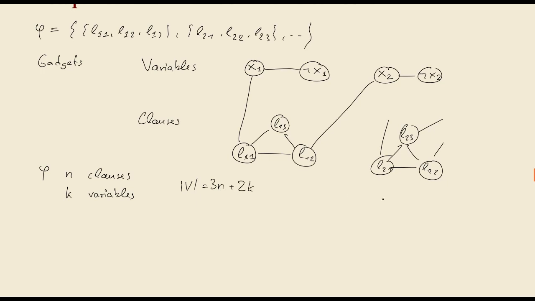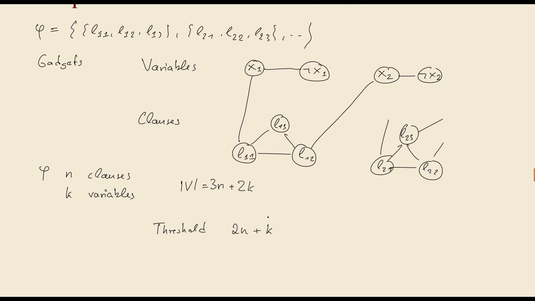That's just how we drew it. Now the threshold for vertex cover we also have to compute. It's just so that we pick 2 vertices from each of these triangles and 1 from the variables, which means 2 times the number of clauses plus 1 times the number of variables.